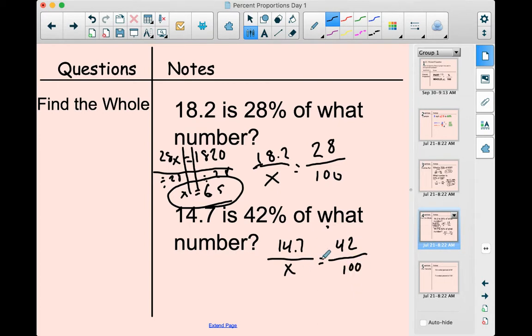Multiplying across, I get 42x equals 1,470.